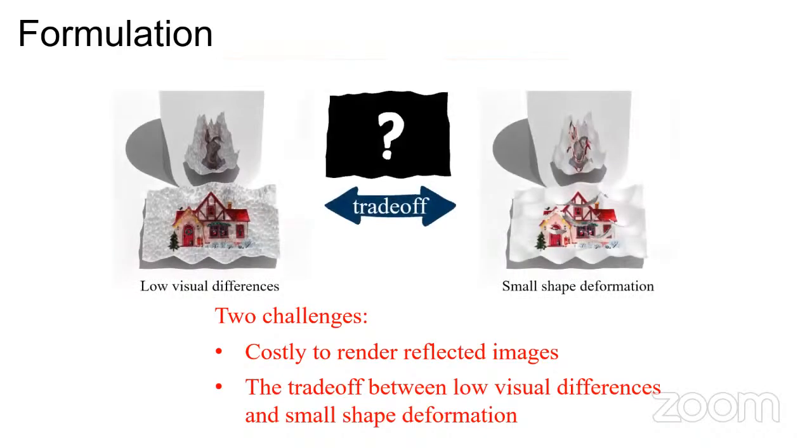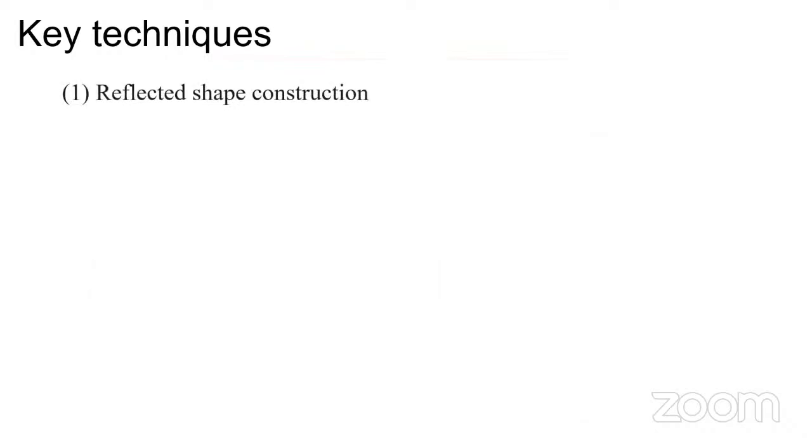Second, the visual fidelity requirement and the shape preserving requirement conflict. It is challenging to achieve a good trade-off between these two requirements. We propose two key techniques to overcome the two challenges.